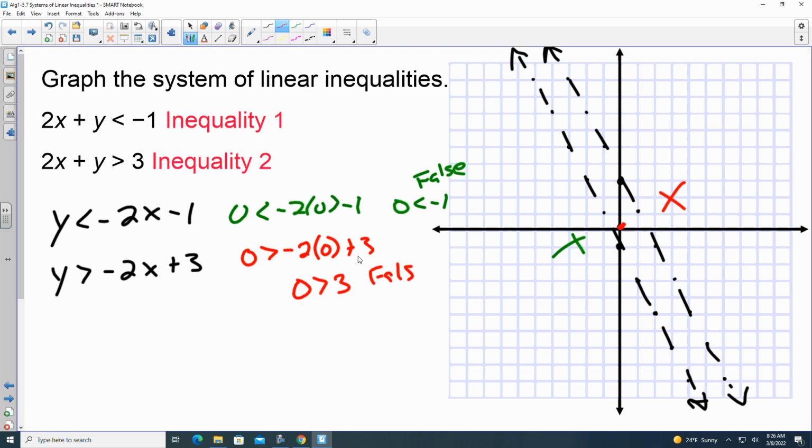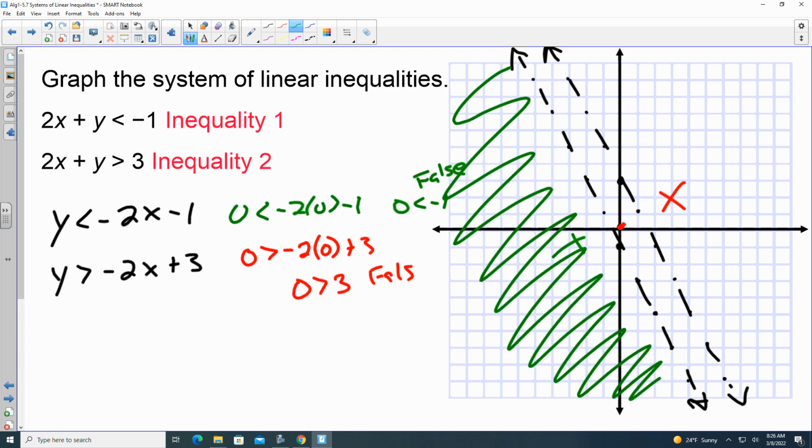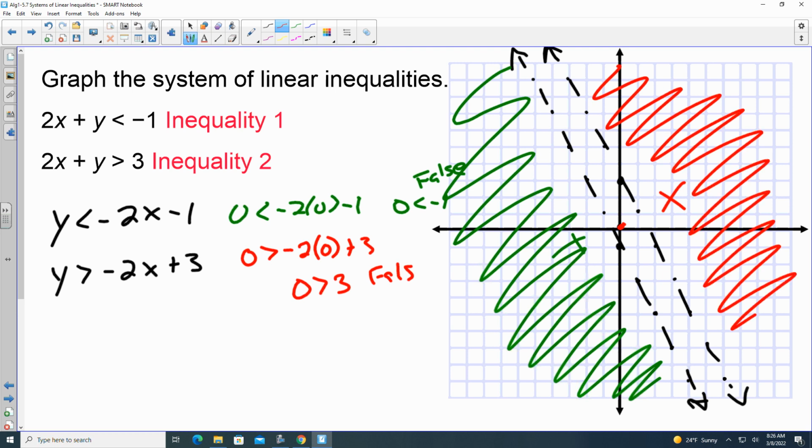Now this is unique, so if you notice, for my first inequality, the one in green, the shading is going to go here. For my second one, the shading is going to go here. Now, what do we notice? We do not notice an overlap. There is no overlap.